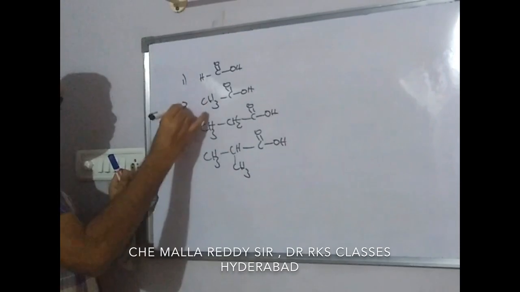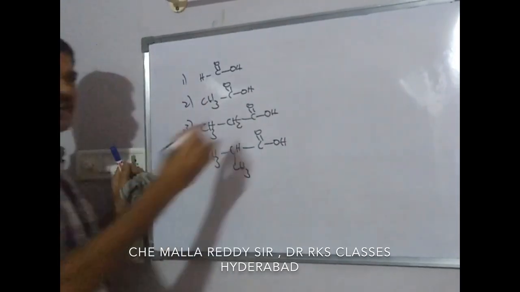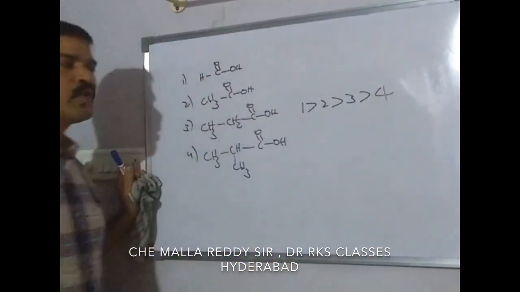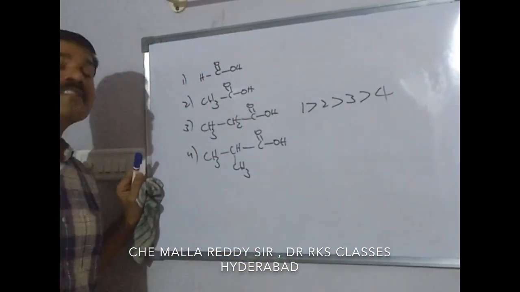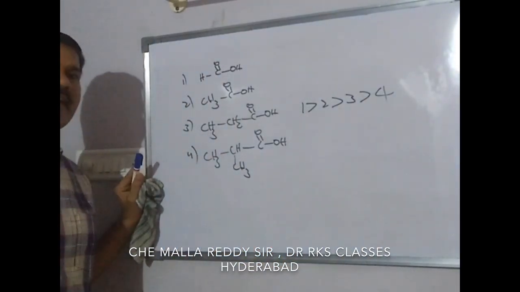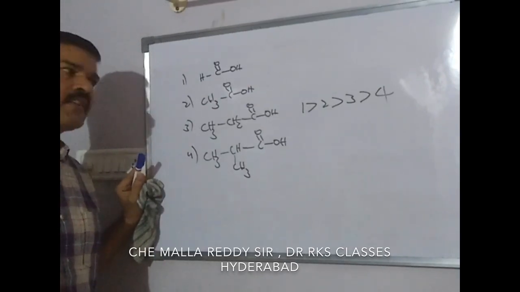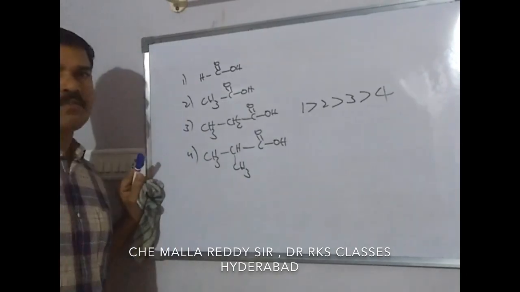This is 1, 2, 3, 4. Here also reactivity is 1 is greater than 2, 2 is greater than 3, 3 is greater than 4. So reactivity depends on the stability of the transition state. When transition state stability increases, reactivity increases. These two questions are possible.